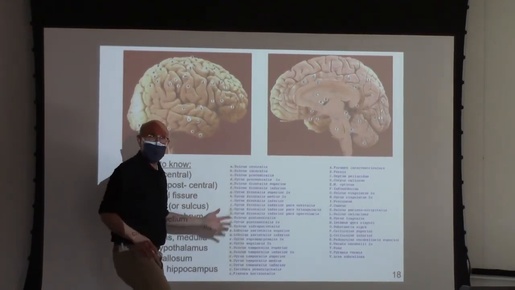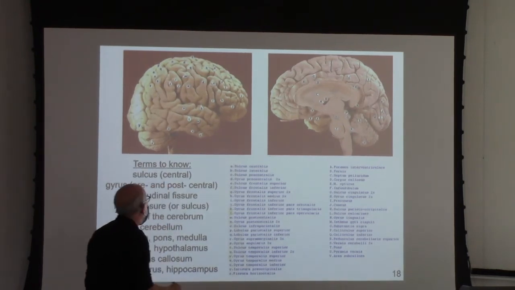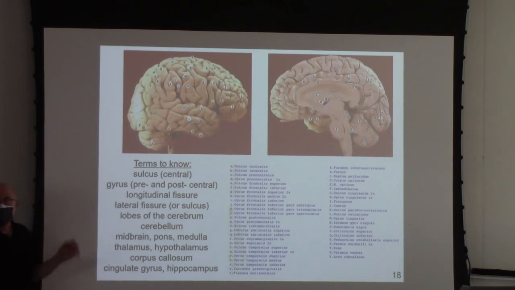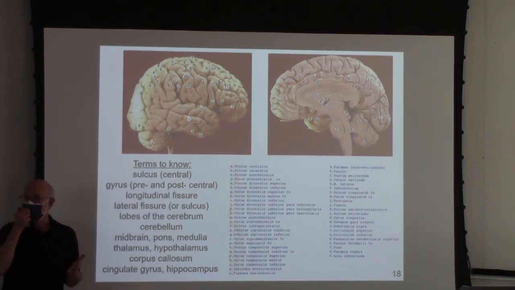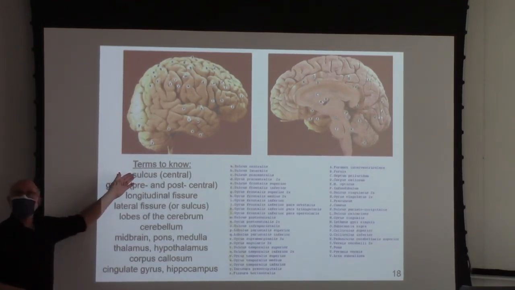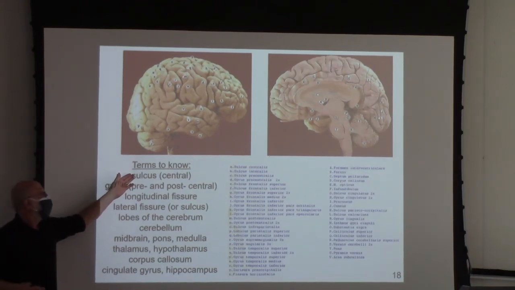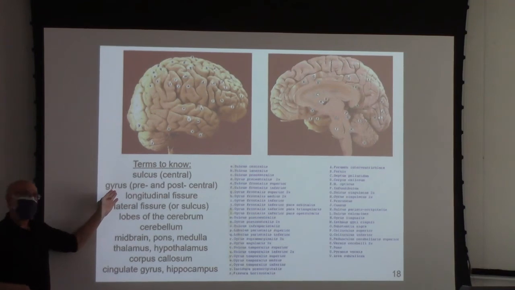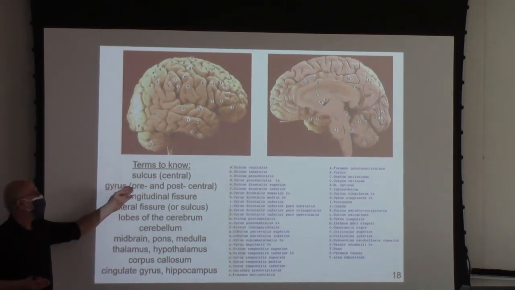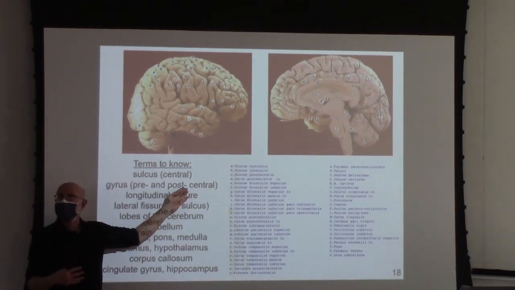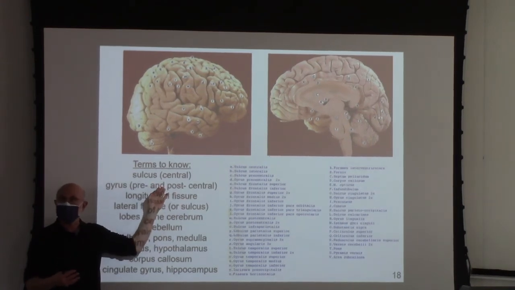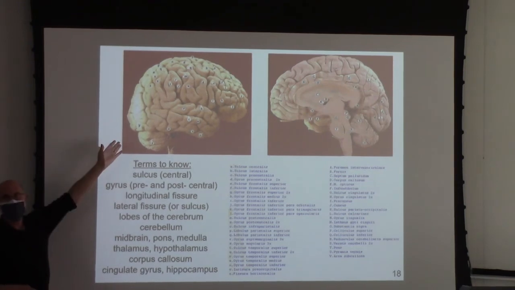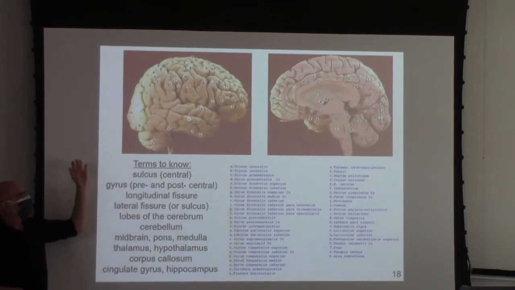Anyway, you can play the game and learn those, but what I do want you to know is here. These are terms I want you to know and to be able to identify on an image. Point to a sulcus, any sulcus, and point to the central sulcus. Point to a gyrus, any gyrus, or maybe point specifically to the post or pre-central gyrus. Know the longitudinal fissure, which is not shown here because it's been cut.